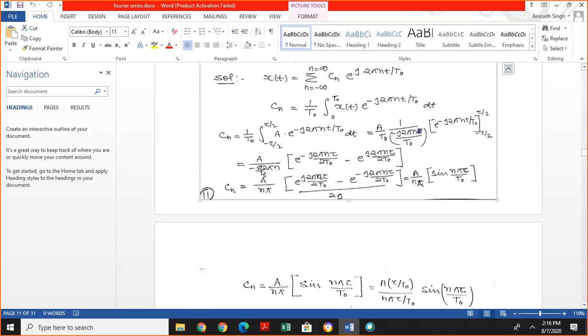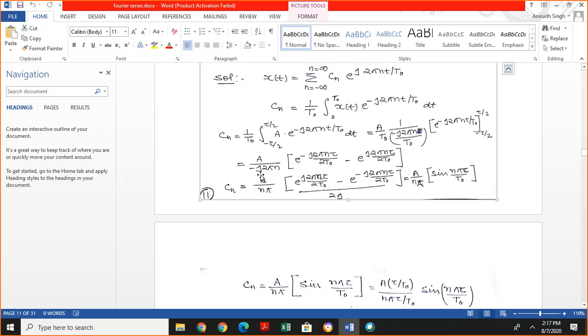And we get A divided by minus j 2 pi n, exponential. When we replace the value of t by tau by 2, we get exponential minus j 2 pi n tau divided by 2 T naught, and this 2 T is cancelled, and the final expression is like this.